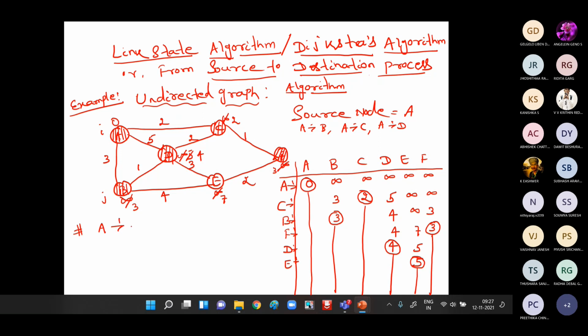What is the distance value? 5. The question is like this: calculate the shortest path and shortest distance. A to E distance value is 5.